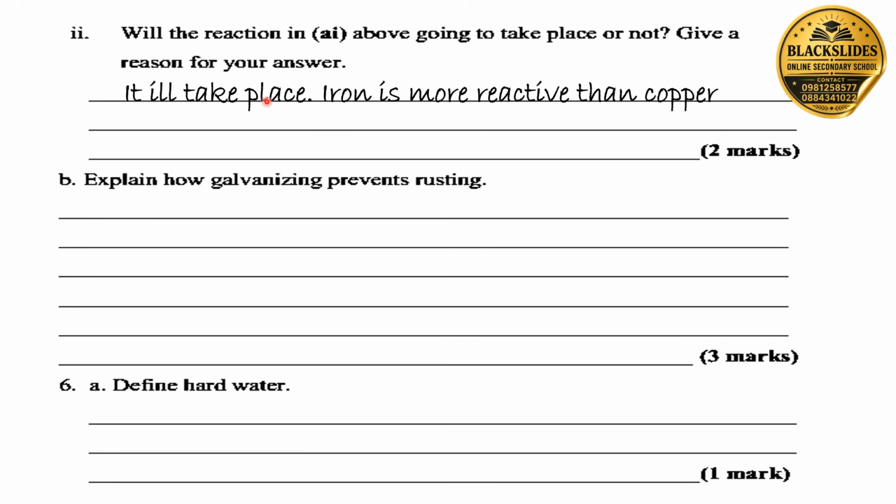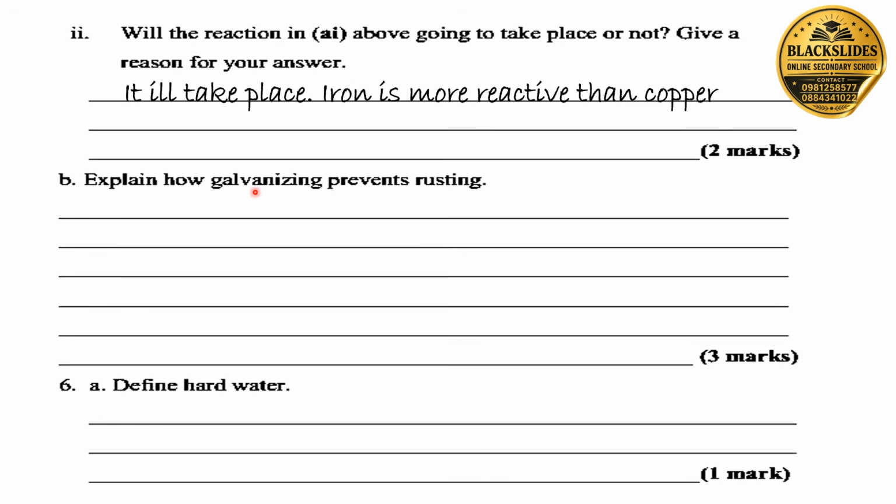That's why iron is above copper. So an element that is above copper is more reactive than copper. Therefore, the iron is going to displace copper from its solutions. Therefore, the reaction is indeed going to happen.